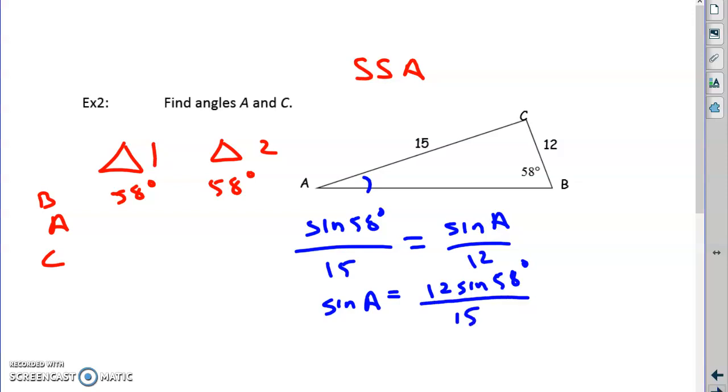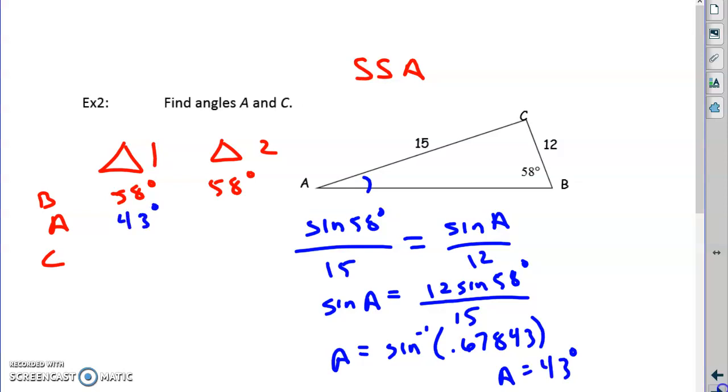Take the sine inverse of that decimal, which I got to be 0.67843. Angle A is 43 degrees. I'm going to plug that in right here. But before I find angle C, that's the strategy we're going to take.